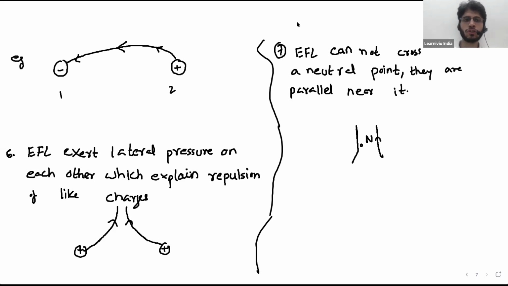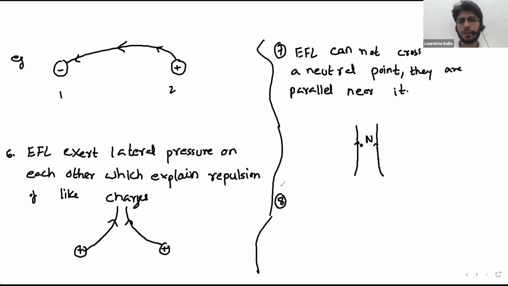They cannot cross this neutral point. Because if field lines cross the neutral point, that would mean that even at the neutral point, you have non-zero field. But the field at the neutral point is zero. That means your field lines cannot cross your neutral point. That is the seventh one.